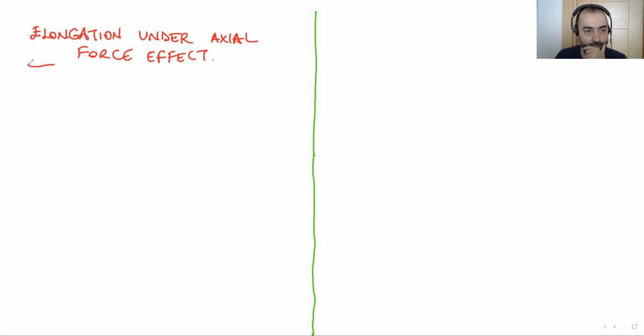Okay, now we're going to talk about the elongation under axial force effect.